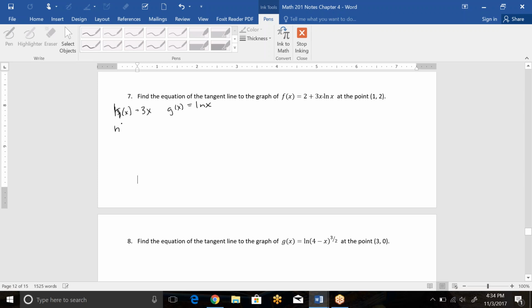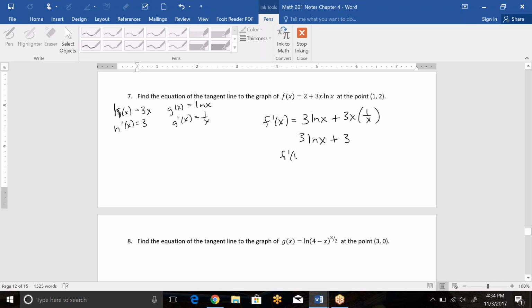So the derivative of this one is 3. And the derivative of this one is 1 over x. So remember, derivative of the first, which would be 3, times the second, which would be natural log of x, plus the first times the derivative of the second. So this becomes 3 natural log of x plus just 3, because the x's cancel.